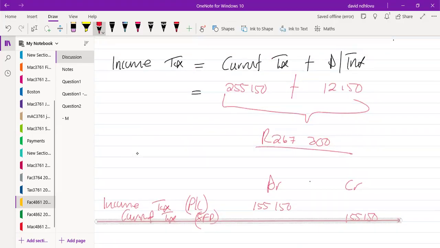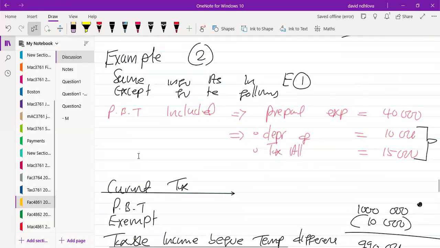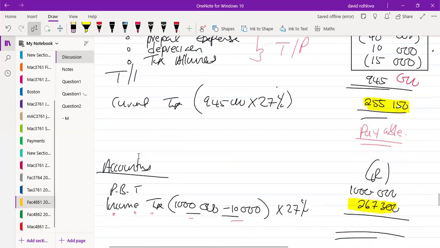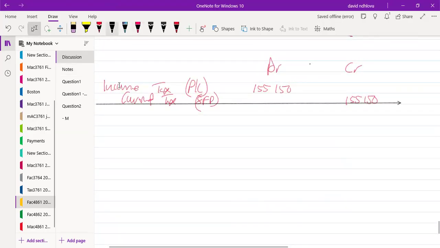So that would be your general accounting for current tax. Then when it comes to deferred tax, you need to ask what the movement in deferred tax for the year is. Assuming this is a startup company started in 2025, you were not having any deferred tax. Now, all of a sudden, you have a deferred tax liability of 12,000. So there is an increase in a liability, and a liability has a credit balance.